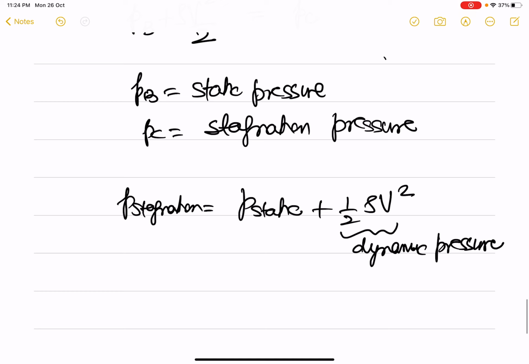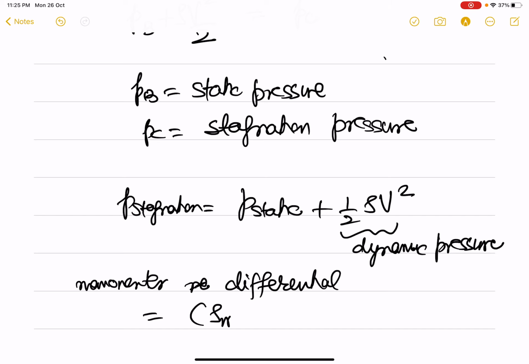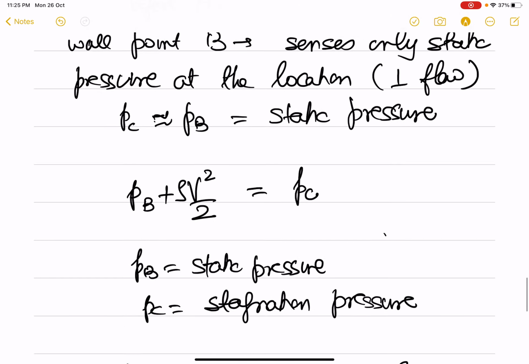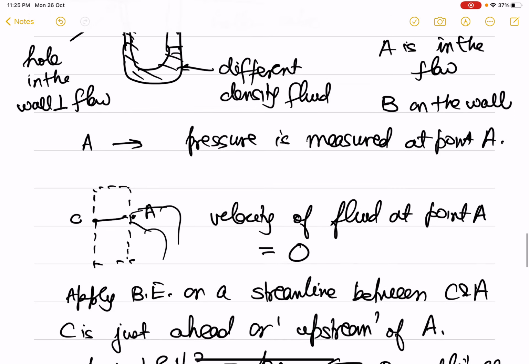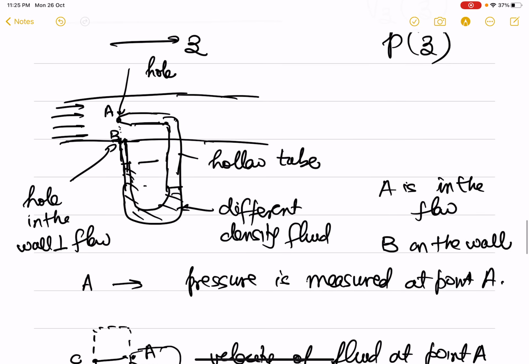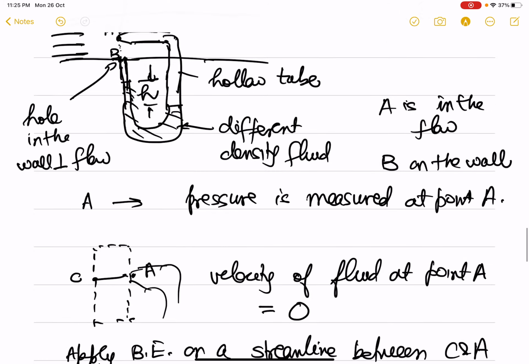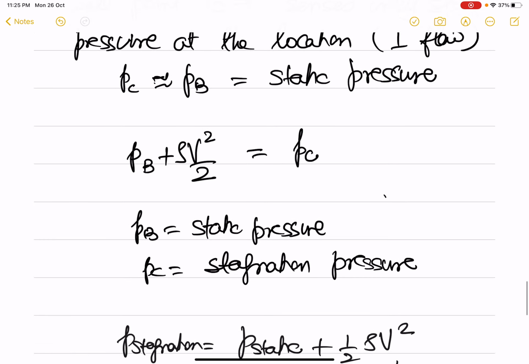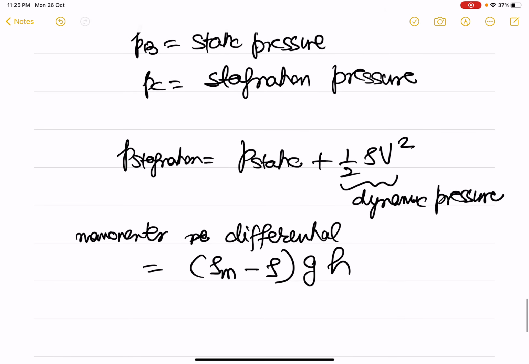And the manometer differential, which is equal to rho of manometric fluid minus rho times gH, where H is the difference of the manometric fluid, corresponds to nothing but the dynamic pressure.